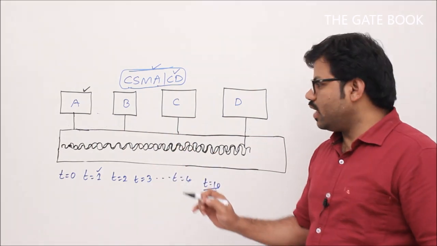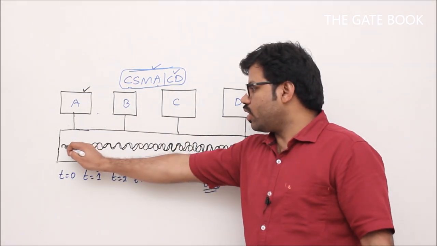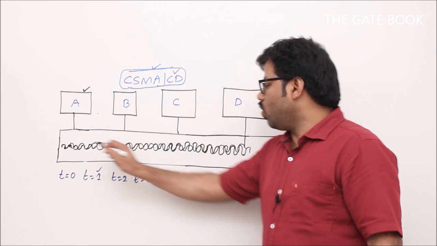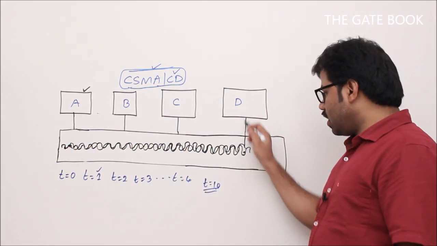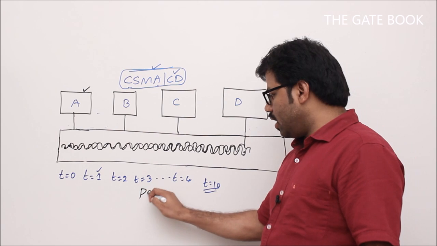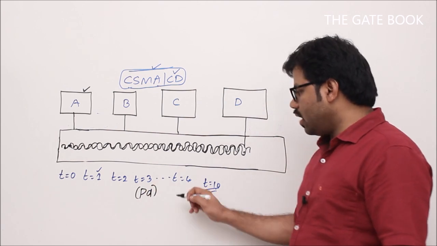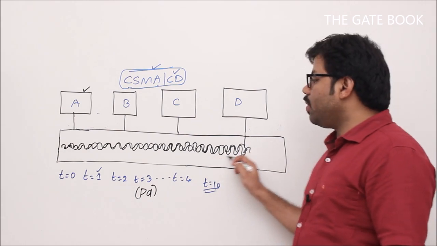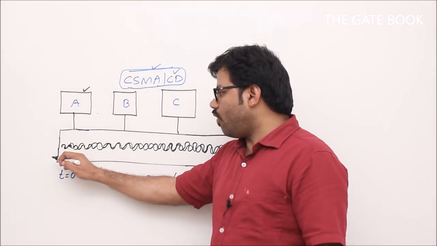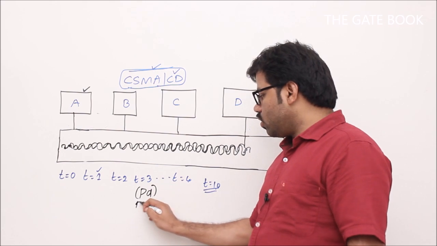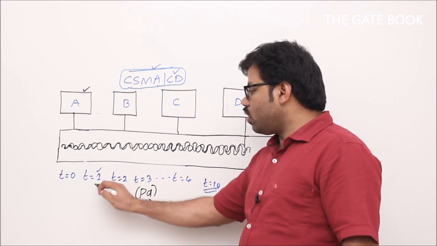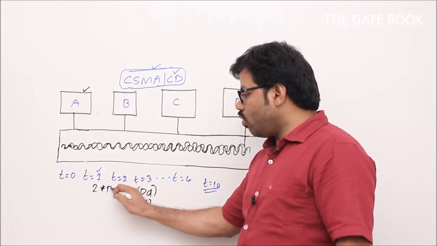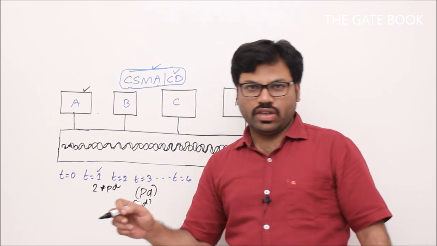So what I want to say is, in the worst case, your signal starts here, it will go up to this point, which is nothing but the end. That means one propagation delay. After the propagation delay you get the collision, but that collision will reach you after one more propagation delay. So after 2 into propagation delay only you can recognize that there is a collision.